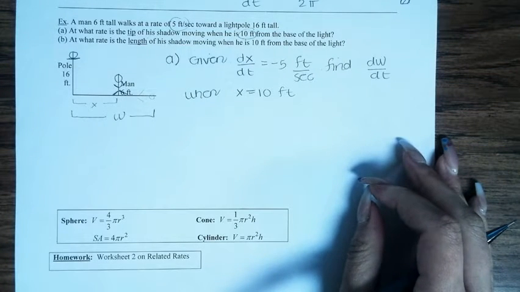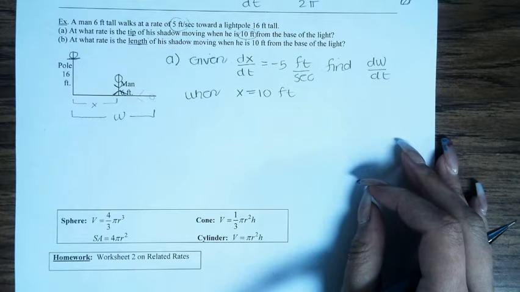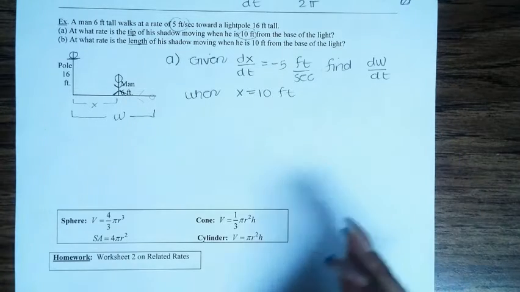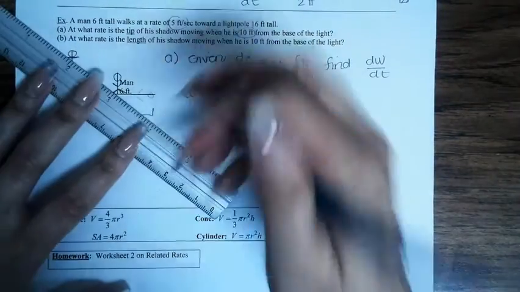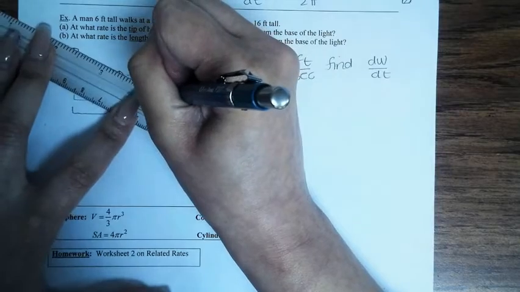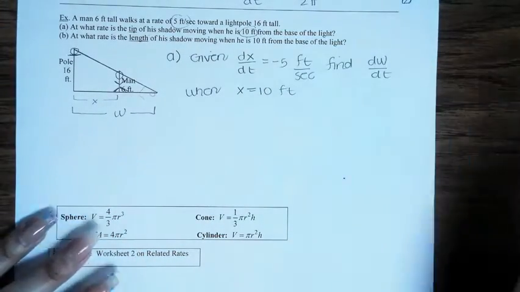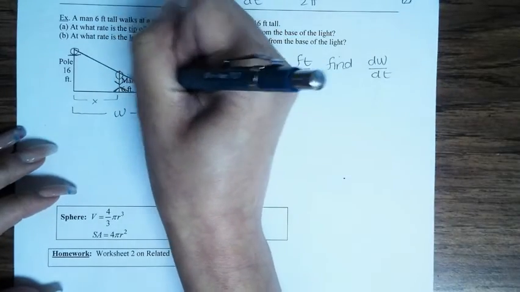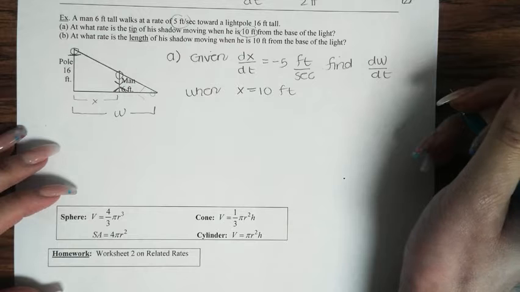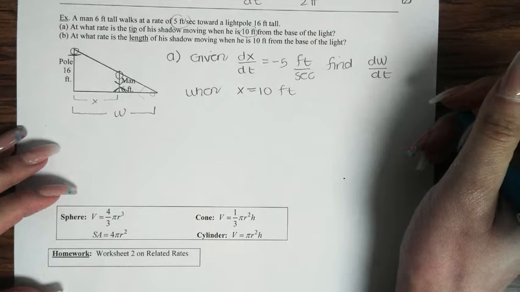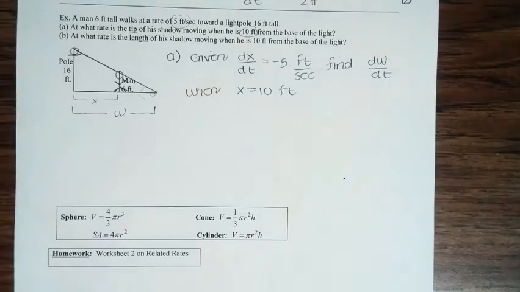Now, what are you going to do? This one is going to be quite interesting. Why? Because you need to realize that we have similar triangles. Where? Let me get my ruler. So you do have a triangle here. Look at that triangle. You have a small triangle here which is similar to this big triangle here, so we need to use that similarity to get some kind of equation.